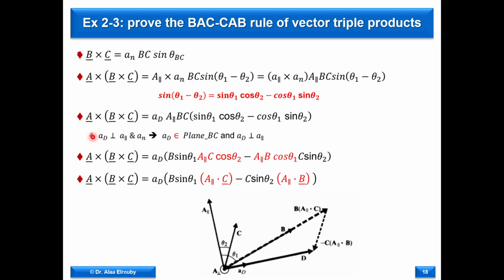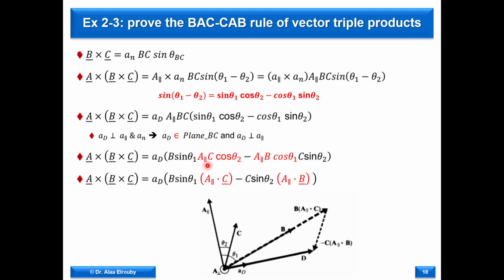So the cross product here of A cross the bracket of B cross C would be in the direction of AD. The magnitude is A parallel, B, C, then this trigonometric function. We know that AD is normal to A parallel and normal to AN. And of course AD is in the BC plane.